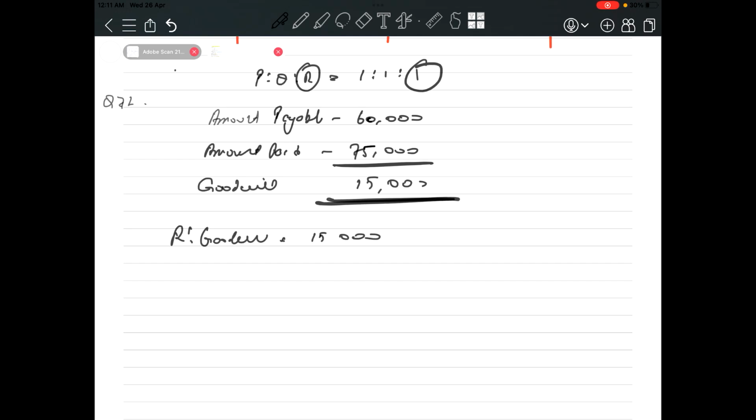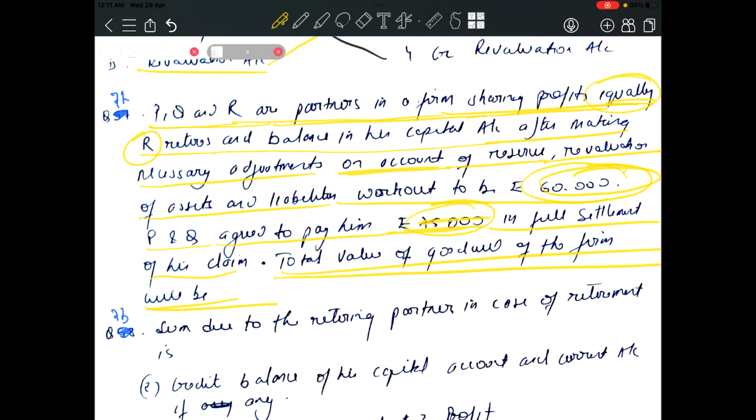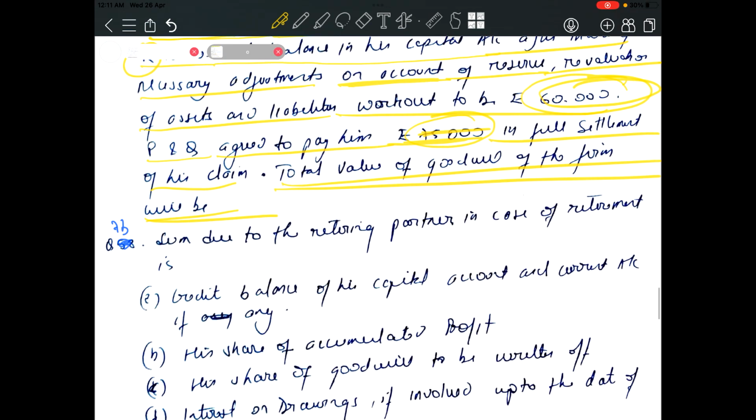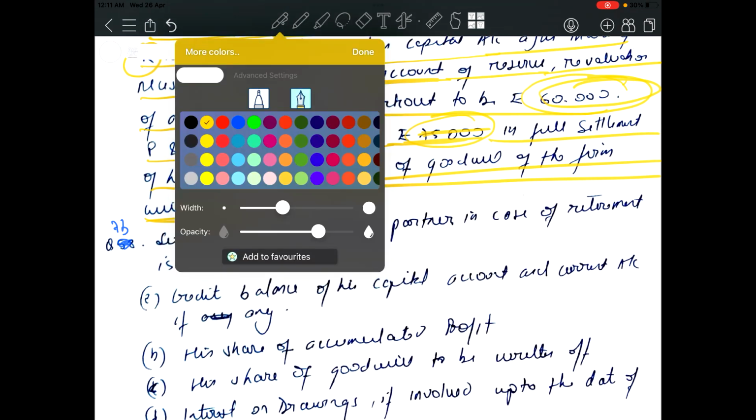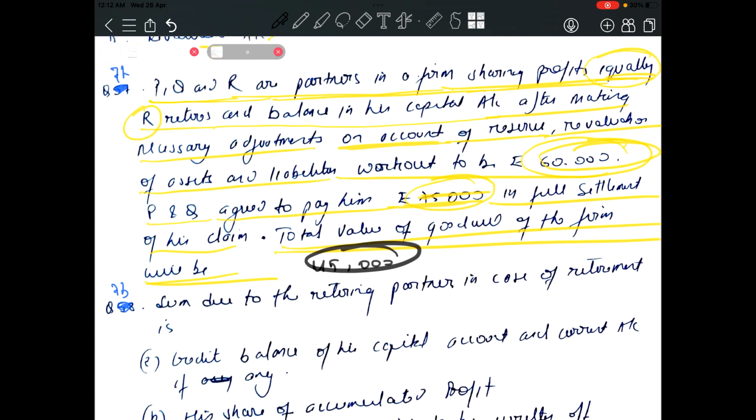Now if I have to find out the goodwill of the firm, how will I do it? They are three partners sharing equally. If R's share is 1/3, what will be the total share of the firm? 3/1. So the value of goodwill of the firm will be 45,000. So the answer for your question number 72 is 45,000. I hope this is clear.